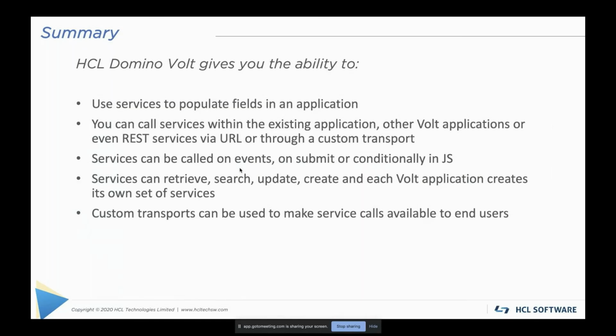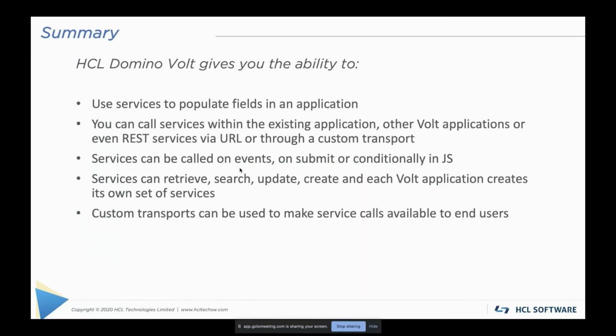Or I wanted to go look in other Volt applications, such as the user repository to get a list of users and their information. Or you can use REST services or the custom transport. So there's lots of different ways. The good thing about it is they all function the same way. They have inputs, they have outputs, and you follow the same pattern.